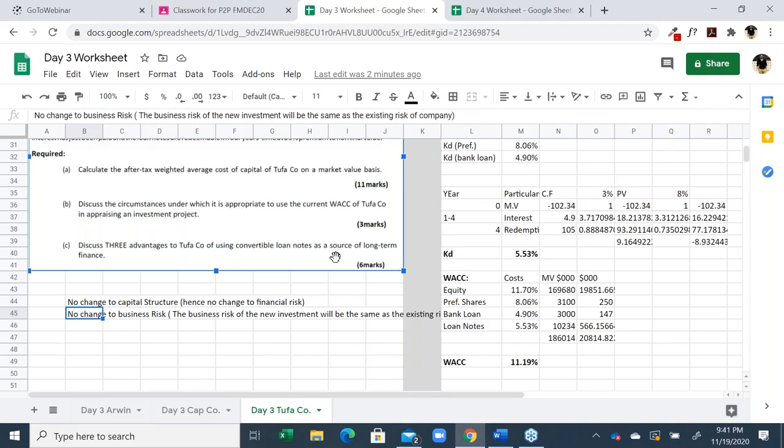And the third advantage is that it may not have to pay cash in the future, and it may issue shares instead of paying cash. That's the third benefit that it is going to receive.